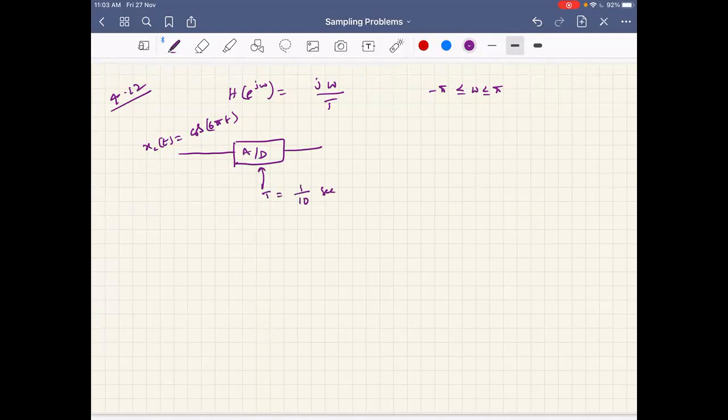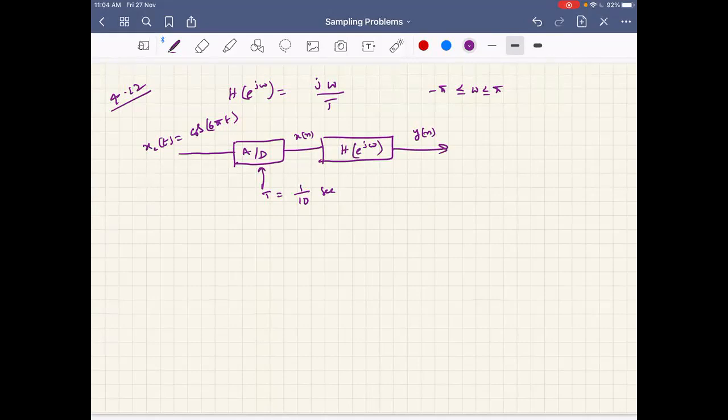And this is given as input to A. After sampling, what you get is x of n. This x of n you are giving as input to h of e power j omega, this system, and getting some output, that is y of n.